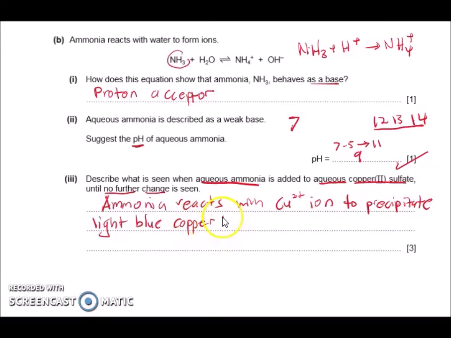Okay, copper hydroxide, and I will write here the formula. Okay, this is the precipitate that will form.